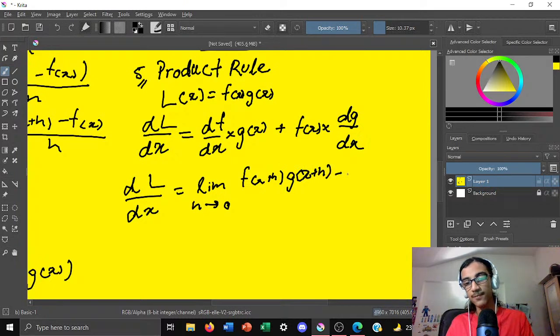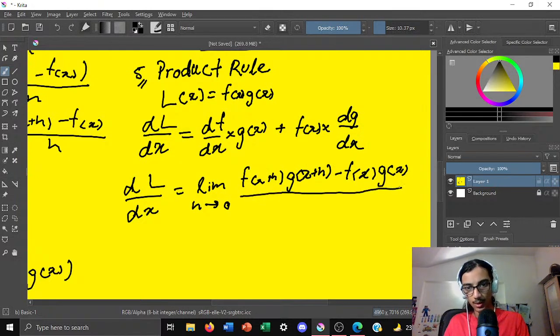And we're going to subtract off f of x, g of x, because remember, L of x is just the product of two functions, f of x, g of x. So we're just evaluating both functions at x plus h and at x, and we'll divide by h.